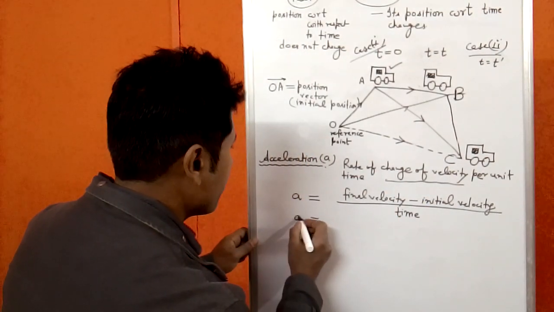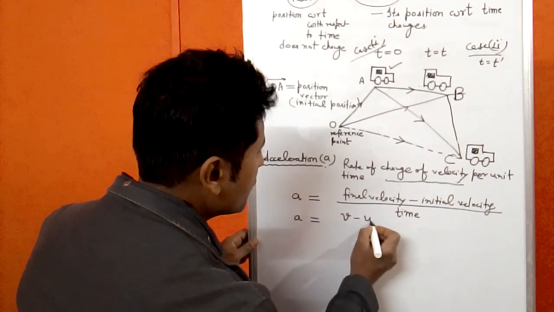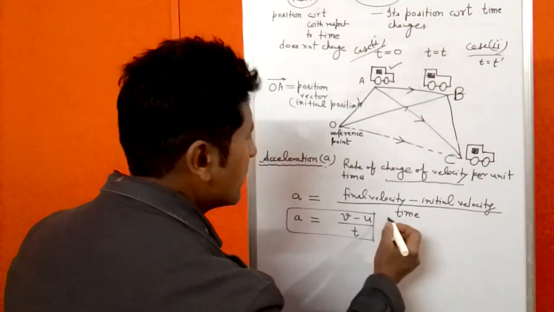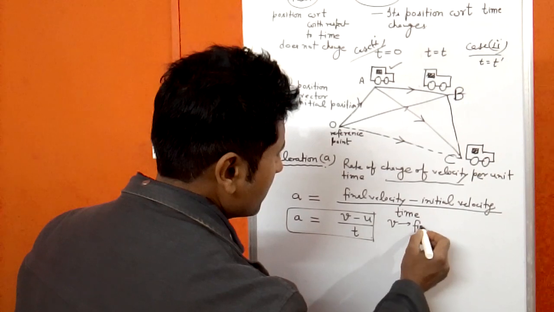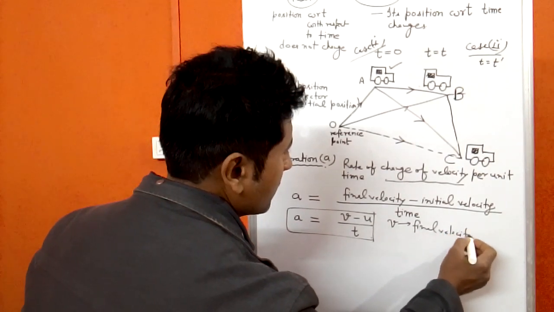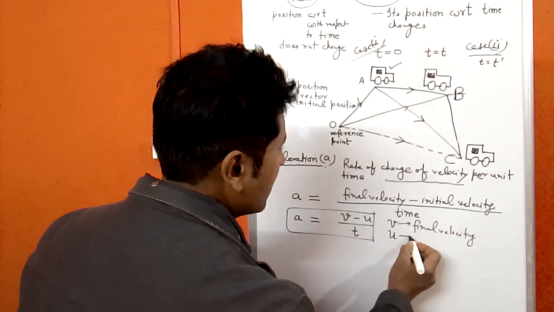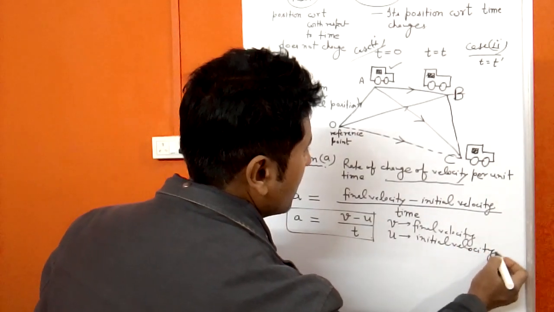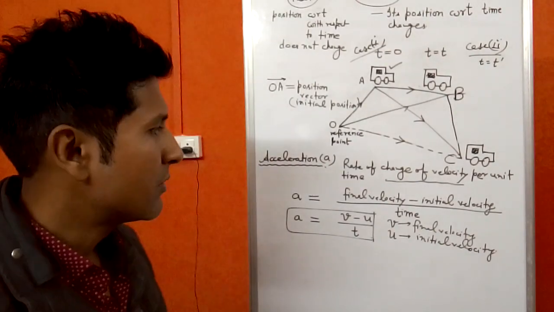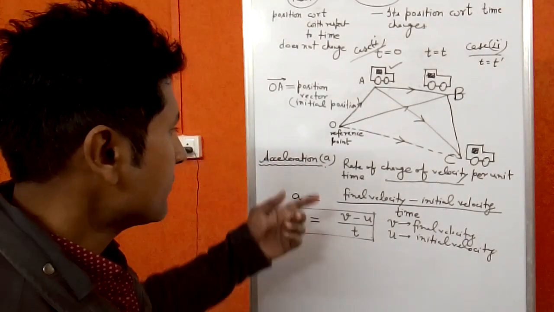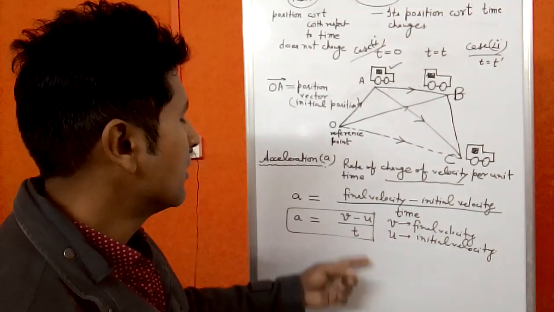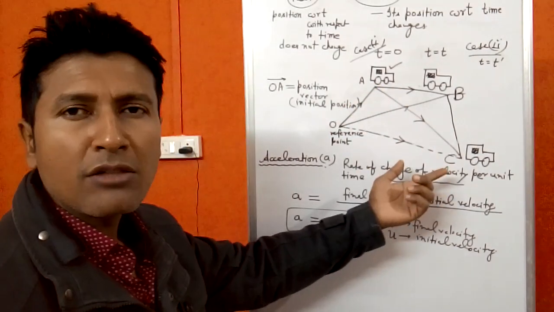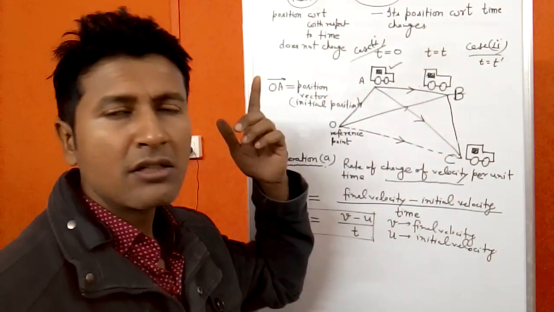So finally you get a equal to (v minus u) upon t, where v is the final velocity and u is the initial velocity, divided by the total time taken by the body from initial to final.